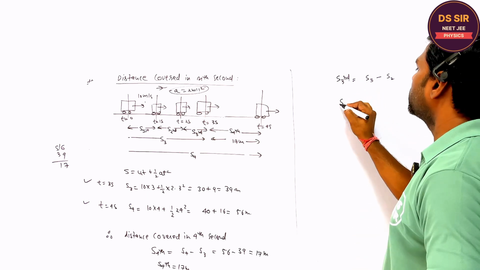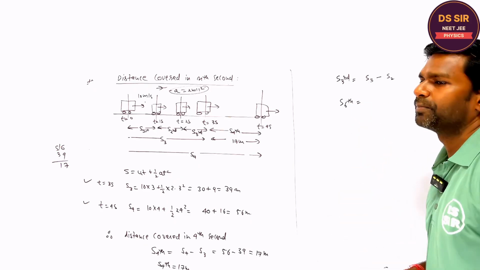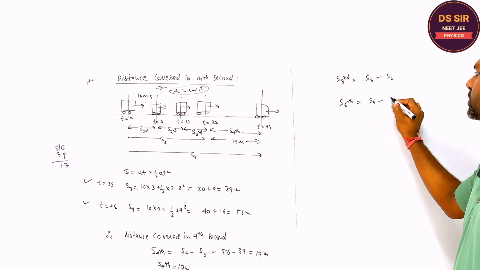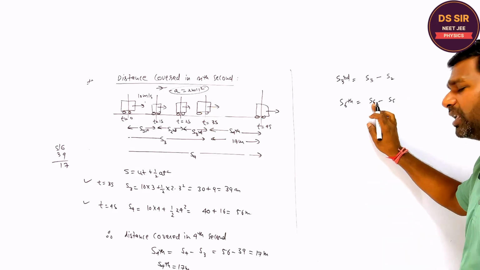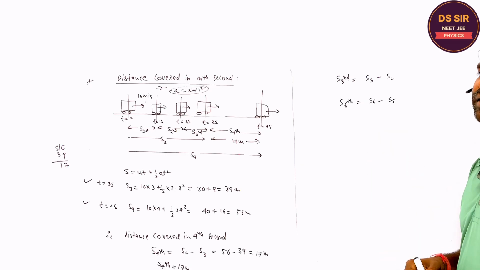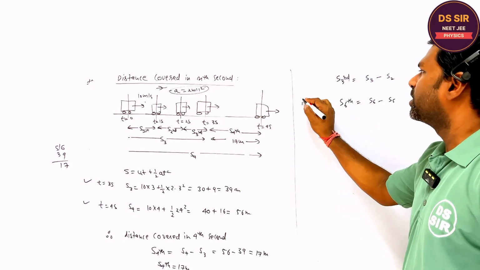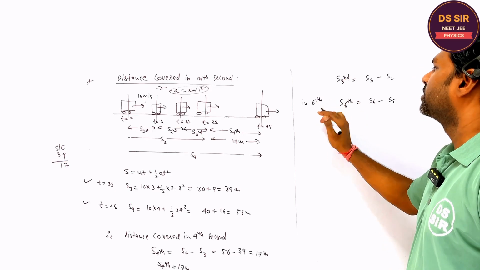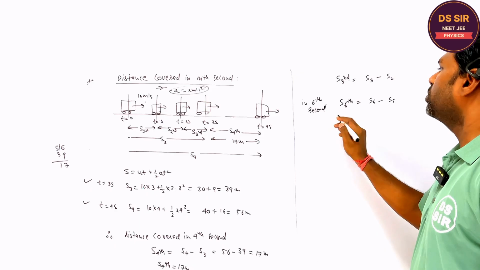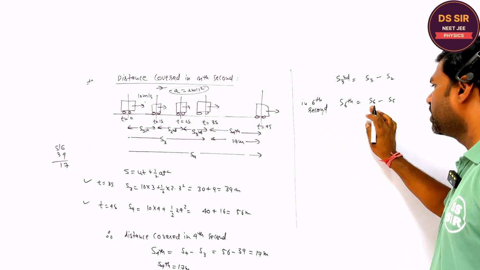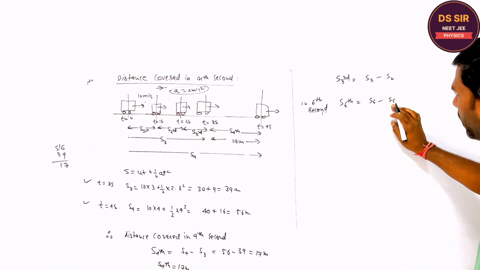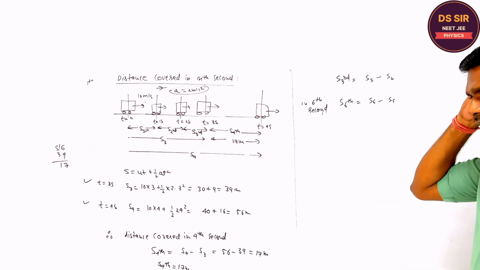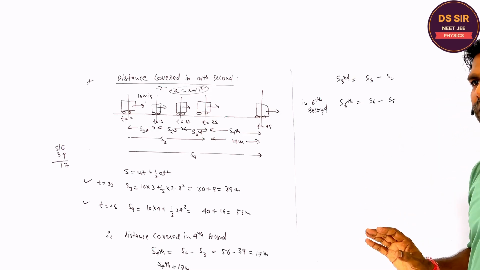Can you tell me what is the distance covered in sixth second? This is the distance covered in sixth second, right? It is nothing but distance covered in 6 second minus distance covered in 5 second. You are getting this point or not?